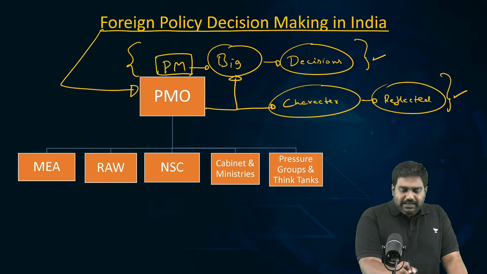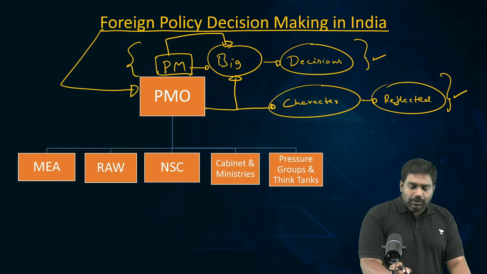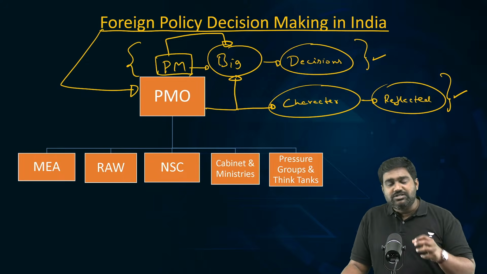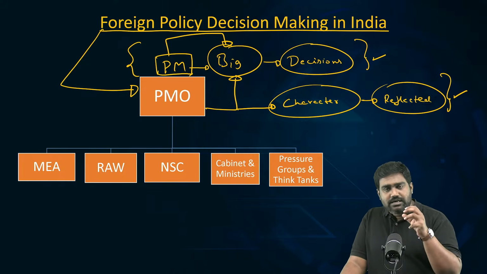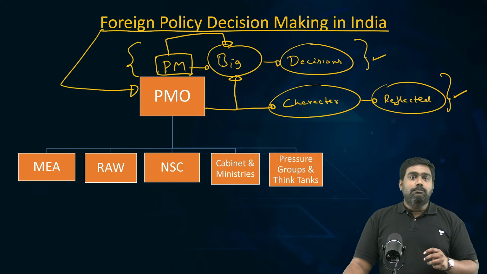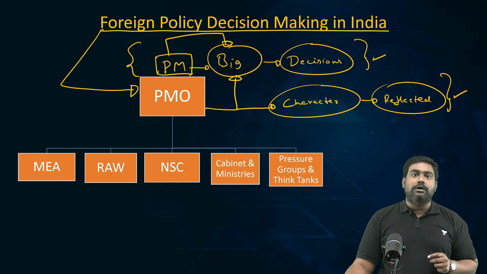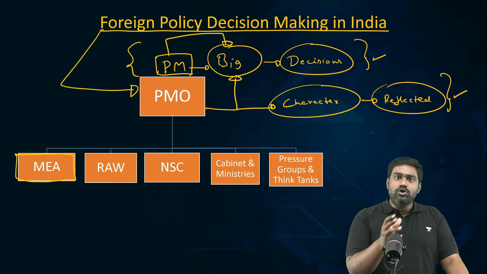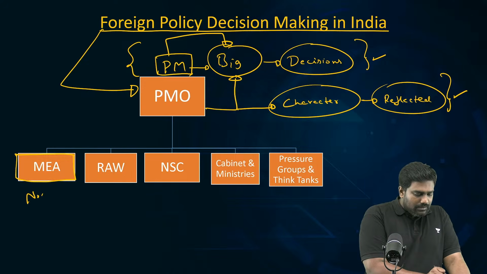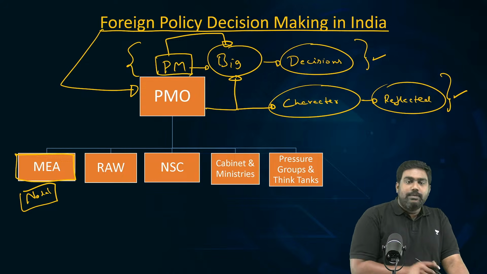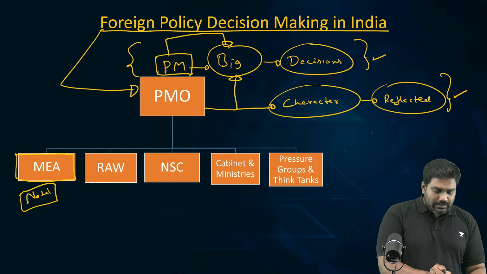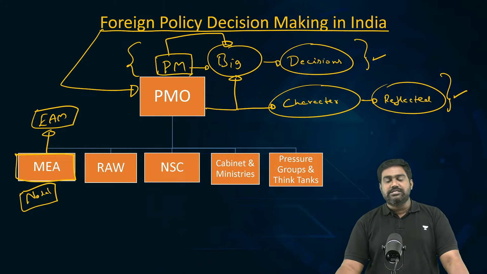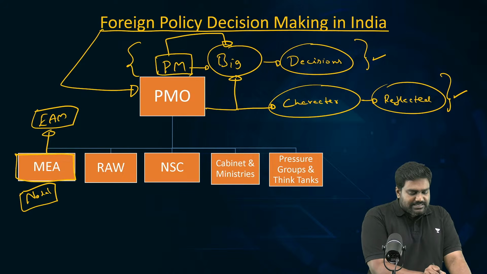So the Prime Minister plays a critical role in driving the foreign policy of India, especially the big strategic decisions, and the PMO plays a critical role here. But the day-to-day functioning of India's foreign policy is through the Ministry of External Affairs. That is the nodal ministry. You have a dedicated ministry to manage our foreign relations, headed by an external affairs minister, a cabinet ranking minister who is assisted by the foreign secretary.